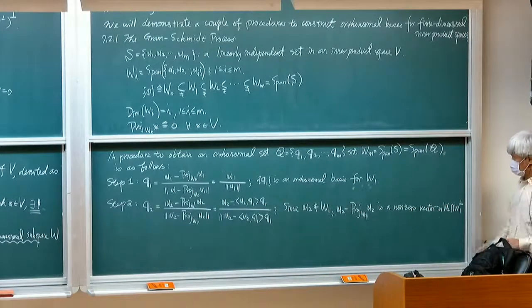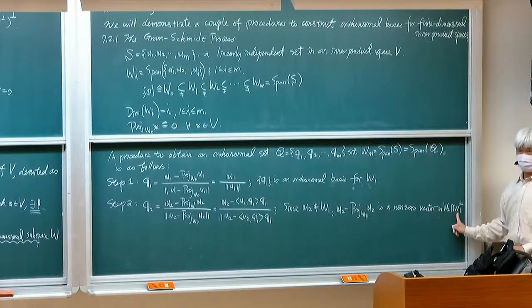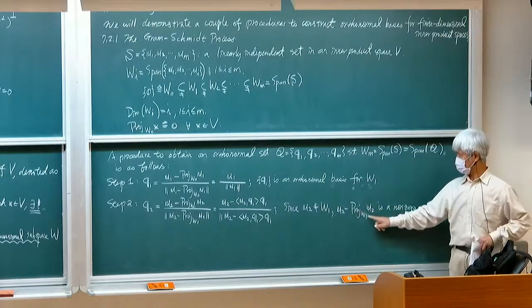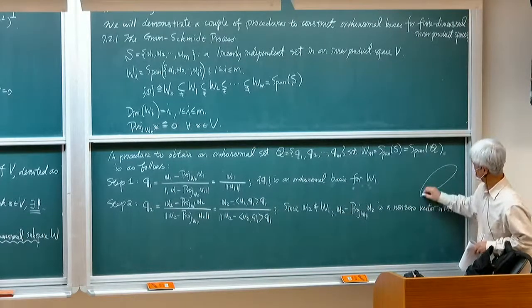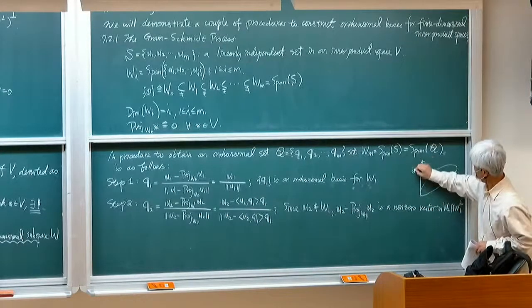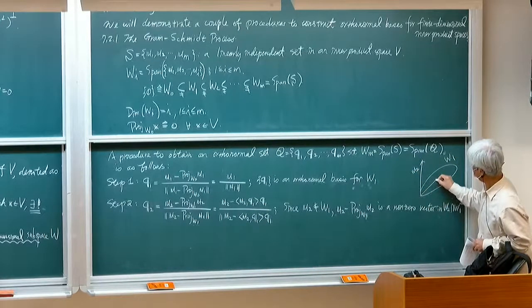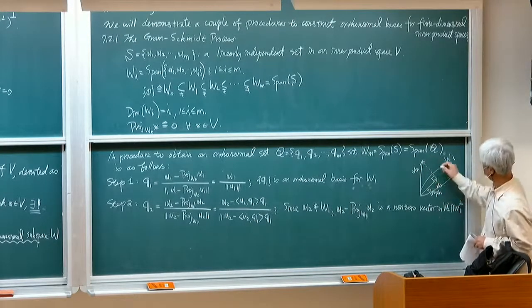First of all, this vector is in W1 perp, of course, because it is the orthogonal projection of U2. As we know, here this is U2, this is W1, and here this is the projection of U2 onto W1, and so we have orthogonality.